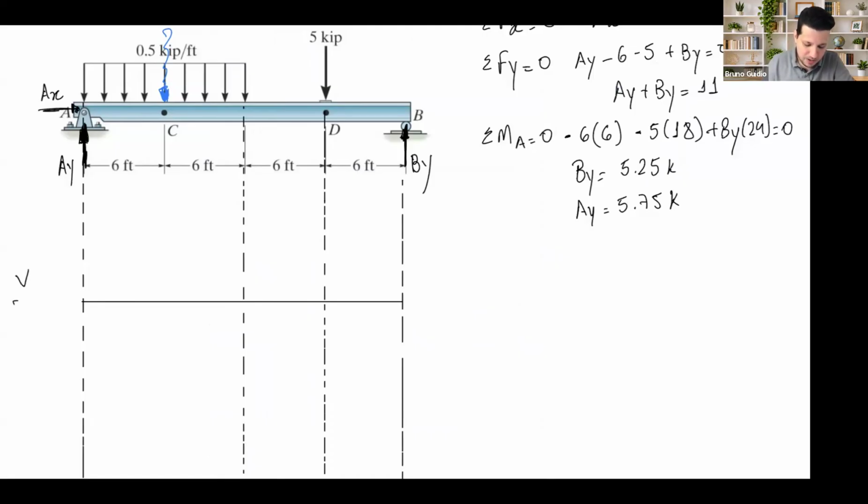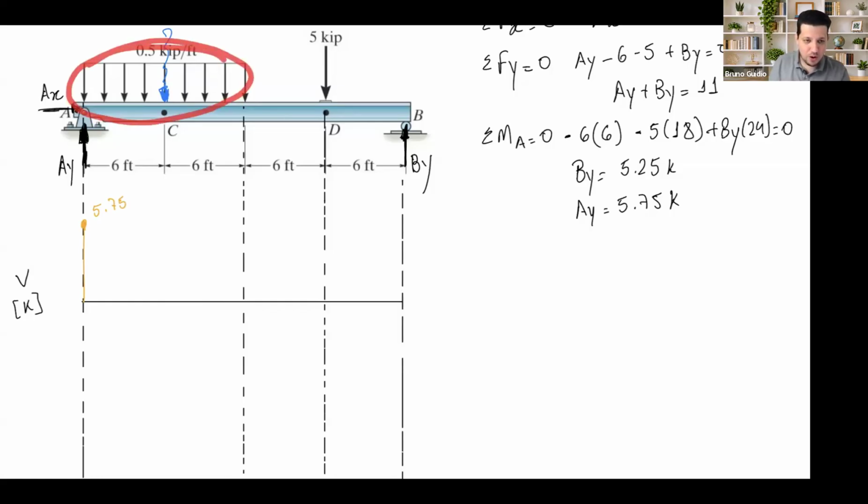The shear diagram is going to be in kips. Starting from the left to the right, we can follow that rule, up and down. Ay is 575, so I can go all the way there and say that this is going to be 575. Now I have a distributed force.